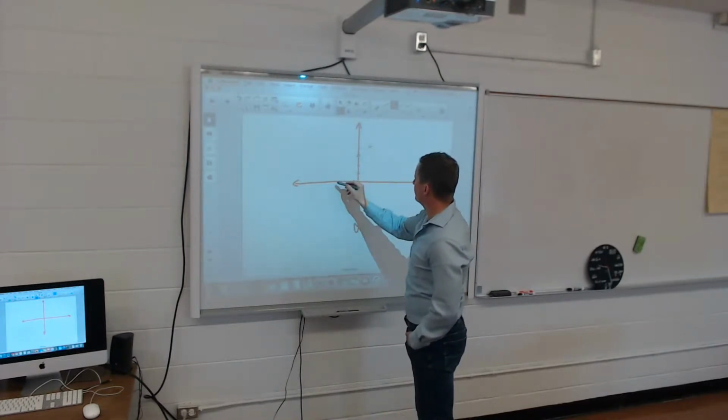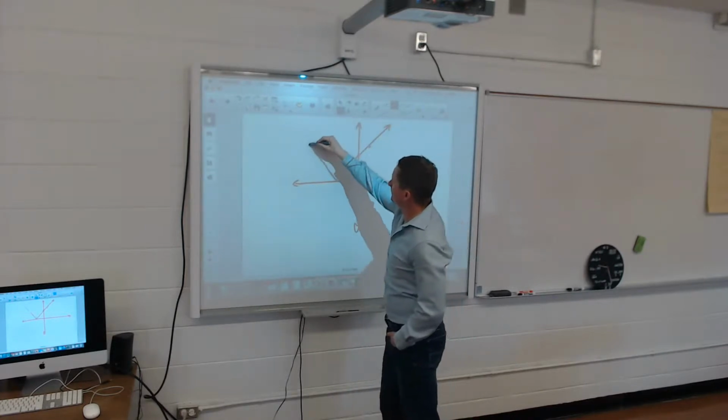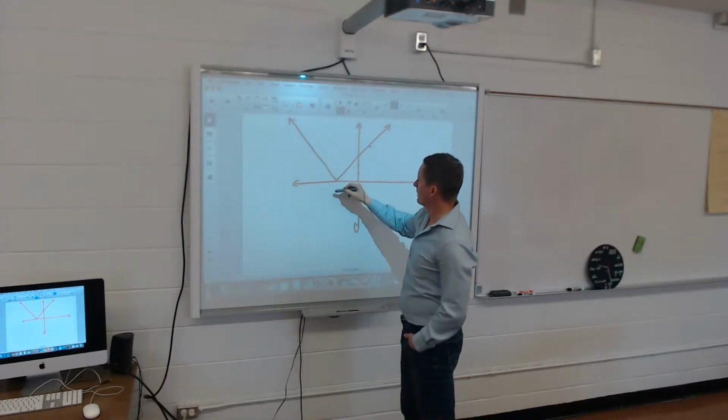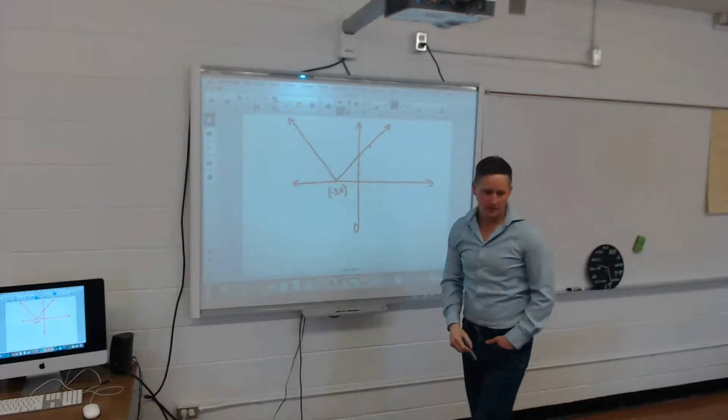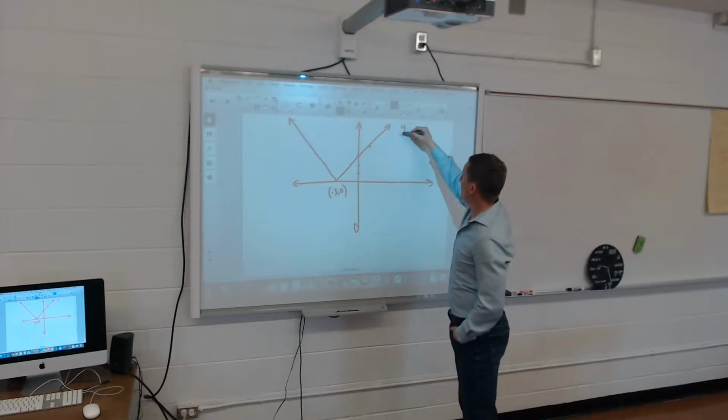Looks like this. And my graph is going to look like this. Here. And then back up that way. This coordinate right here will be negative 3 and 0. All right, so this is the graph of y1, which is the absolute value of x plus 3.